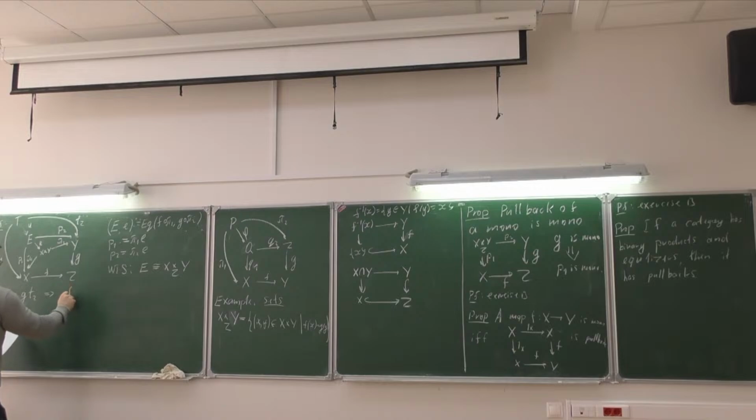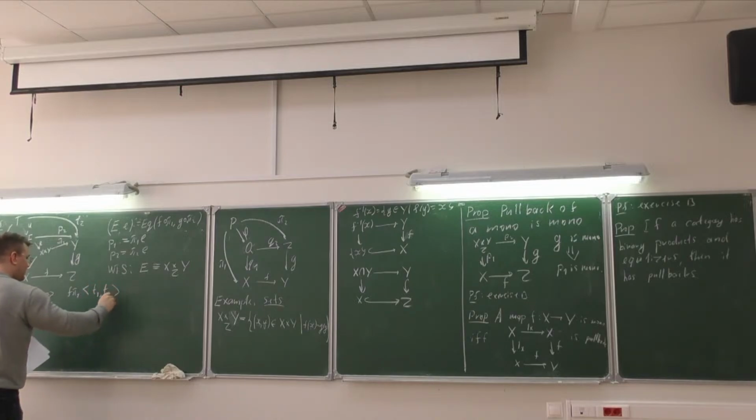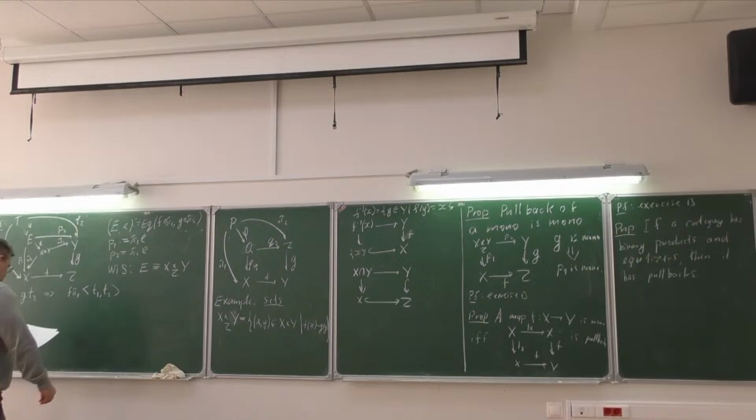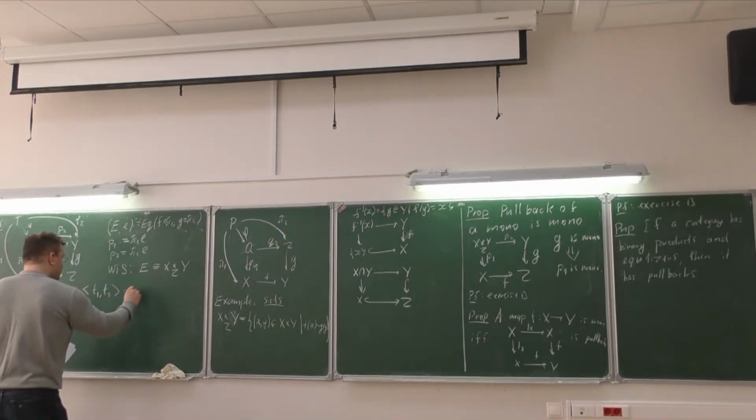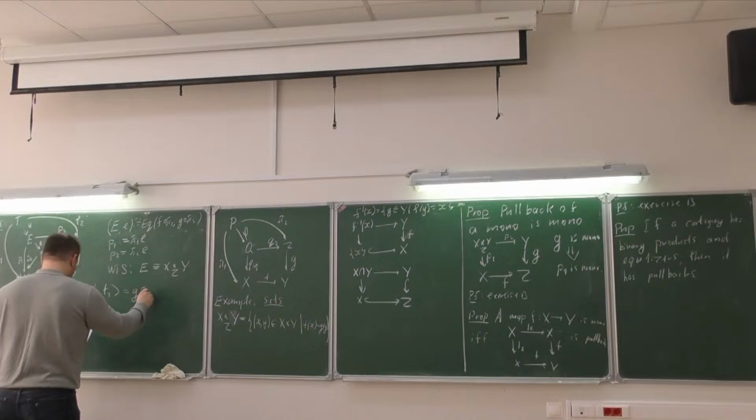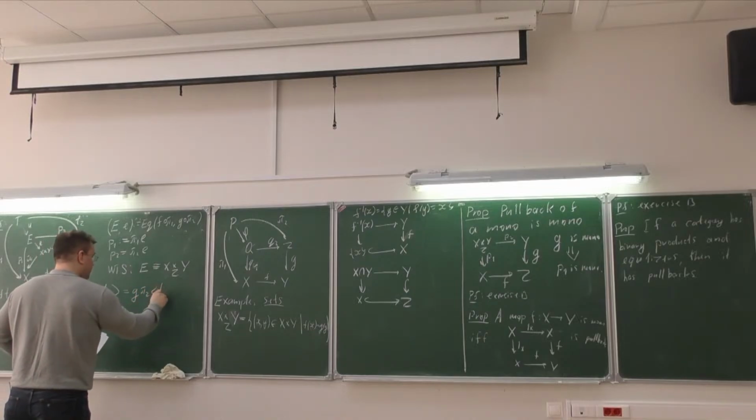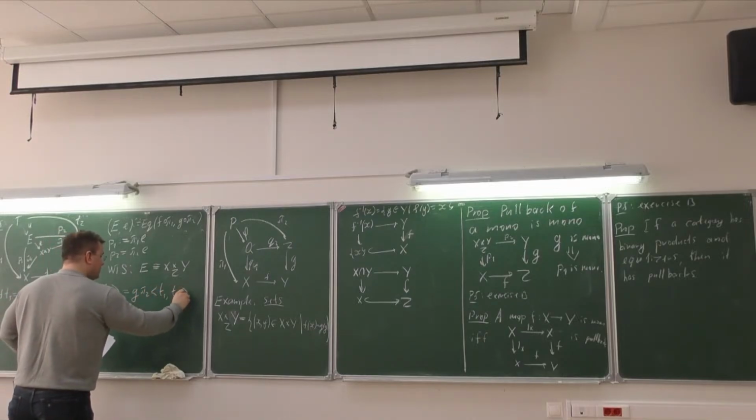We can say that F composed with pi1 and then the map T1, T2 in angled brackets, which is tautologically, the composition of these two maps is the same as T1. Right, so then this is equal to G composed with pi2 composed with the map T1, T2.